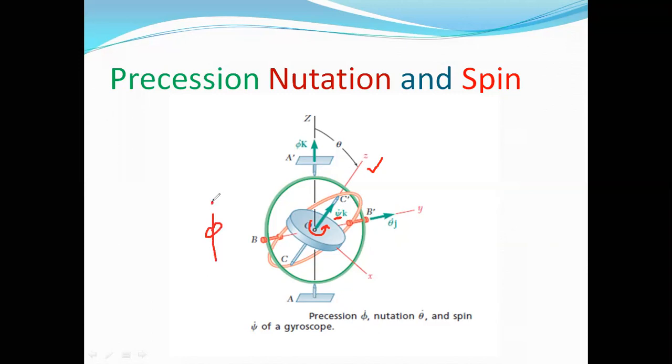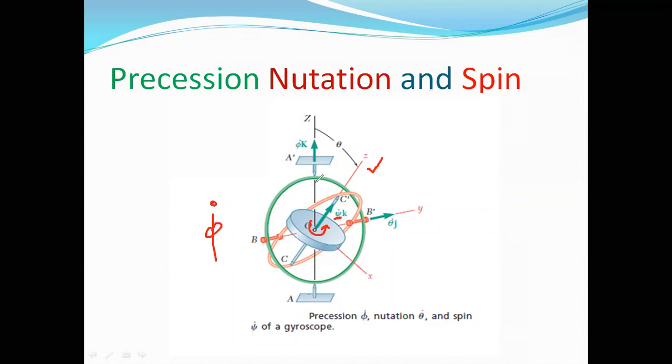You imagine these motions, and the first motion we have to imagine is the motion of this disk. What's happening to the disk? The disk is rotating about this small z axis with an angular velocity whose magnitude is psi dot, a constant angular velocity.